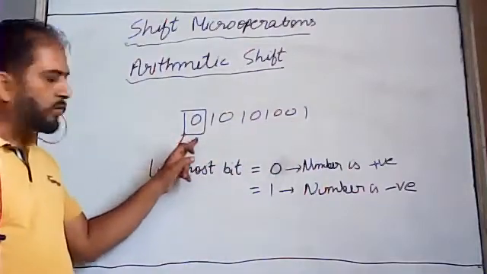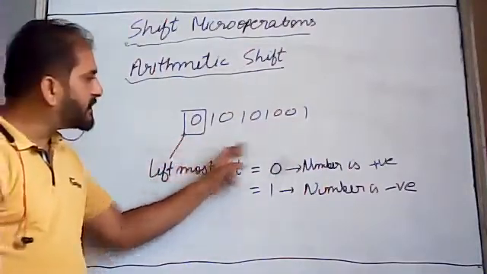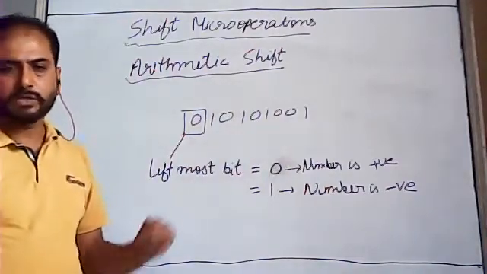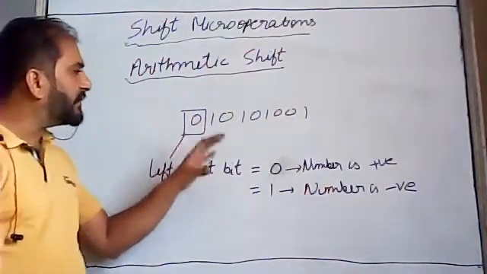If the leftmost bit is 1, this means the number is negative. So in arithmetic shift, we have a sign bit which tells whether the number is positive or negative. This is arithmetic shift.